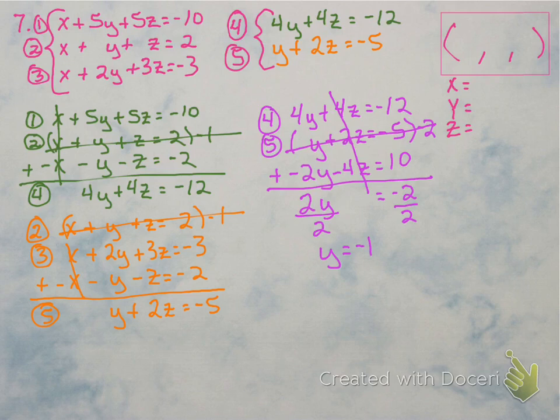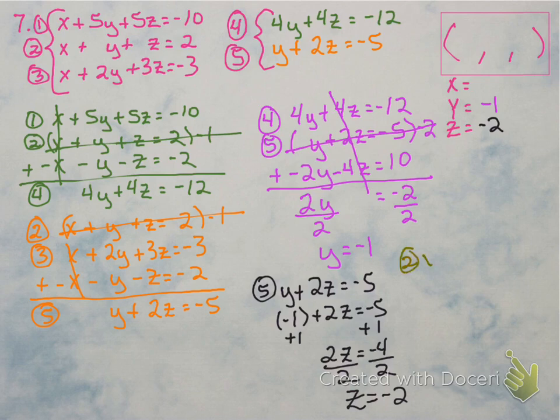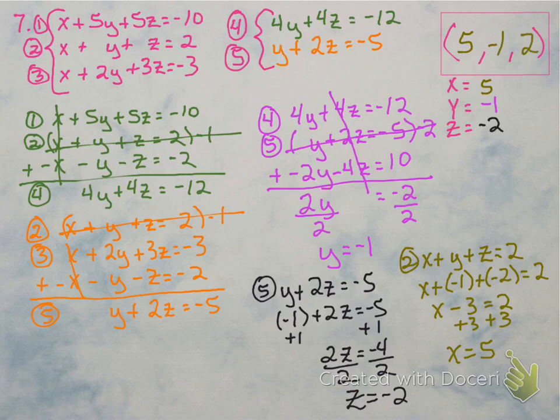I end up with y is equal to -1. Plug that into equation 5 to solve for z, and z ends up being -2. We'll plug y and z into problem number 2. And we end up with x is equal to 5. And 5, -1, -2 is the answer for 7.